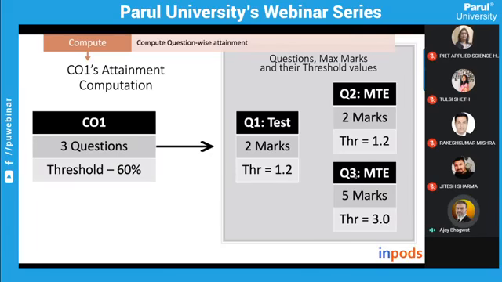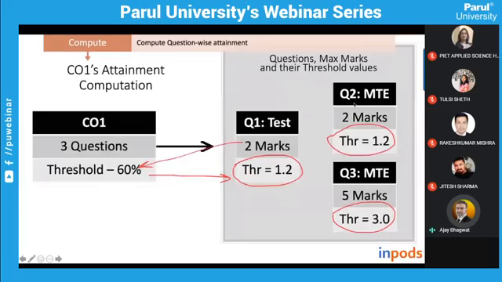60% for all the COs is the threshold value, and now as we had done it for a course, question 1 earlier of 2 marks, and threshold value was 1.2. We have seen this computation before, and this is how it was done. If you take other question which was also of 2 marks, threshold is same. Question 3 of 5 marks, threshold is 3, because 5 multiplied by 0.6 will be 3.